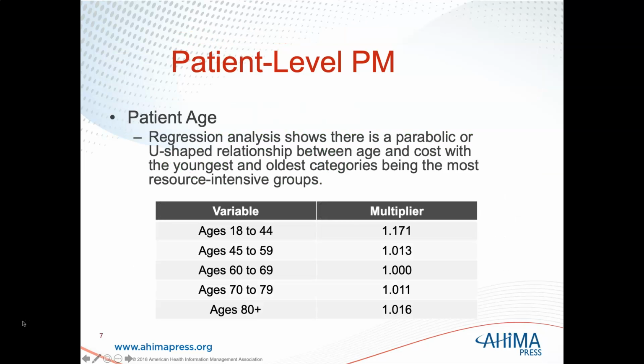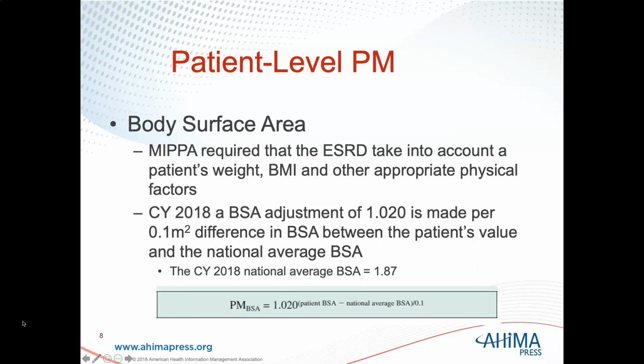And then the patient age, this shows us how age and cost are associated. So the youngest and the oldest categories are the most resource intensive. Body surface area, this has to do with some of the physical factors involving dialysis and the cost.